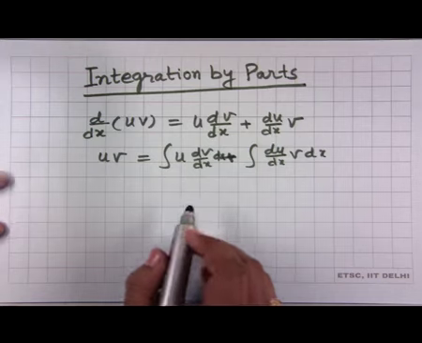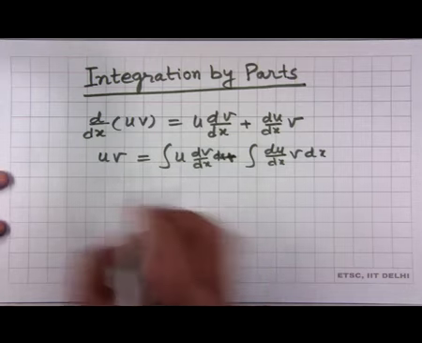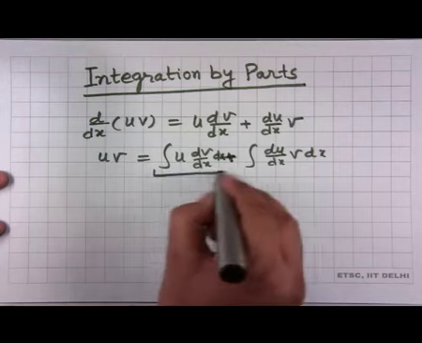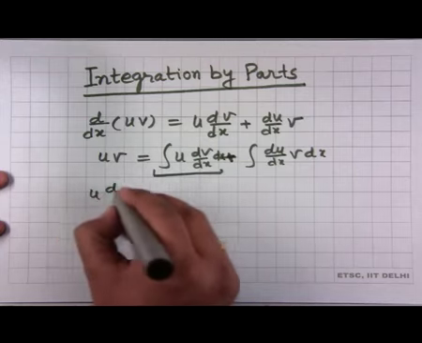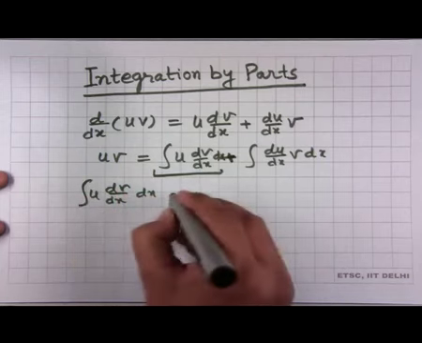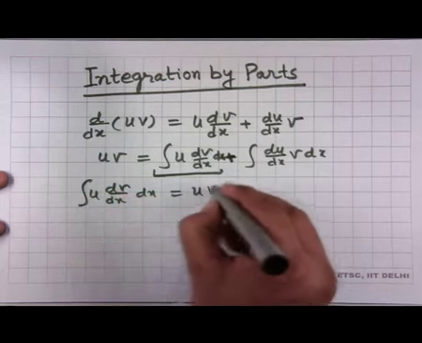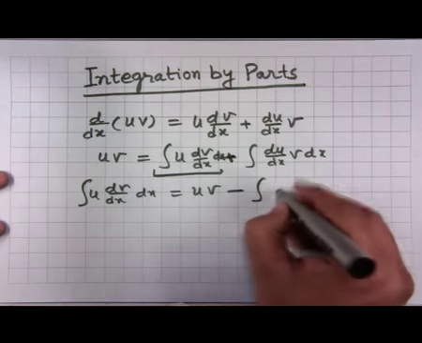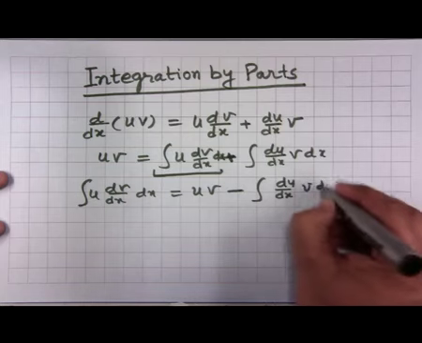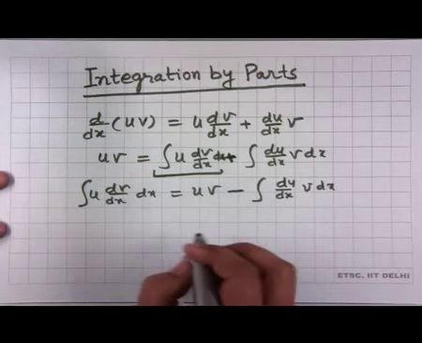Now, if I write this expression by taking u dv over dx on the left hand side, it becomes uv minus integral of du over dx times v dx.